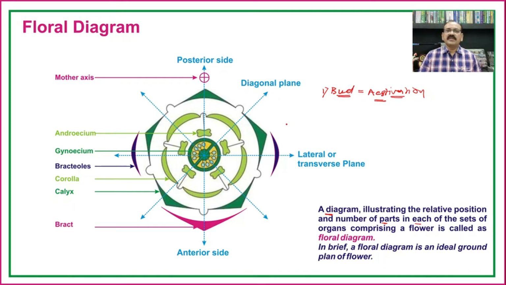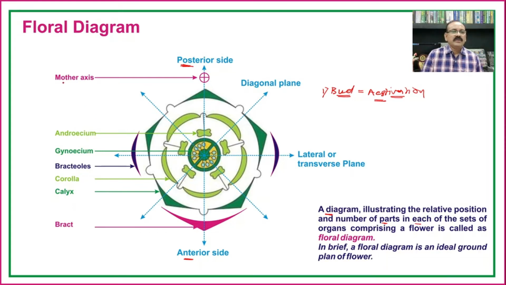When we observe the flower, there is a necessity to find out the posterior and anterior side of the flower, because when there is a particular petal or an odd petal, it will be helpful to draw it either on the posterior side or the anterior side.